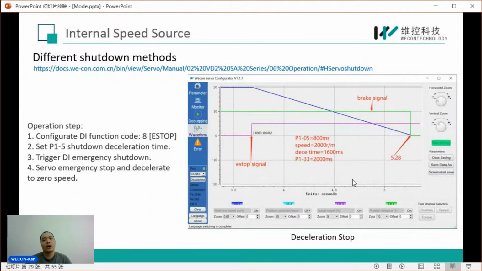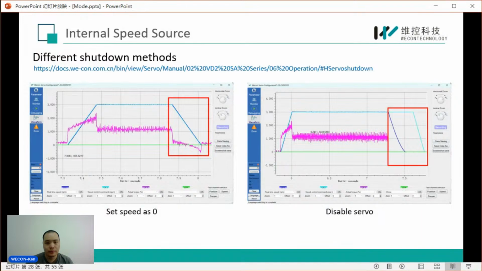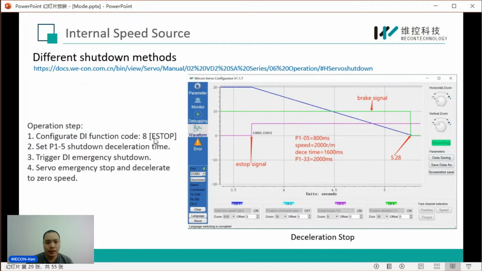And here is another way to shut down. It is deceleration stop. How to use this method? First, set the DI function to 8, which is stop mode. Then set these parameters, P1 and 4, shutdown deceleration time.